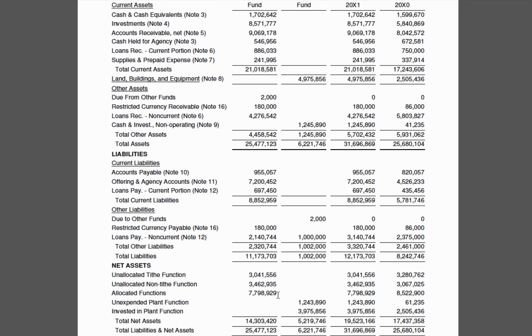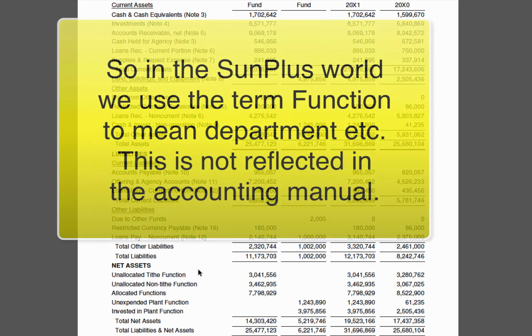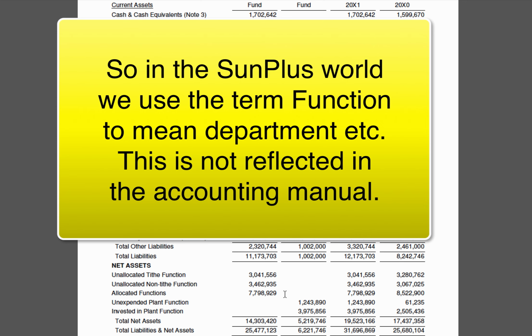But behind these numbers in the Sunplus world, we keep greater detail, and so we will talk about debiting the specific function that would add up to make up some of these numbers. For example, we will say debit the function, and we'll debit Sabbath school, or debit presidential, or debit treasury, or debit the accounting department as the function that ends up adding up to be an unallocated tithe function or unallocated non-tithe. It's a little bit kooky.